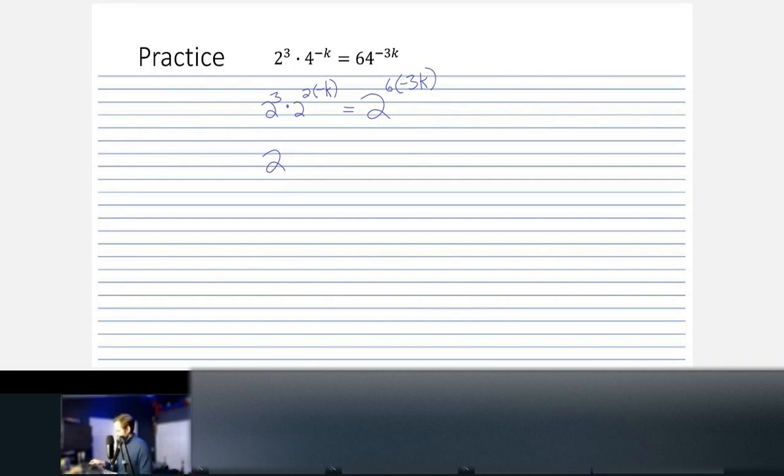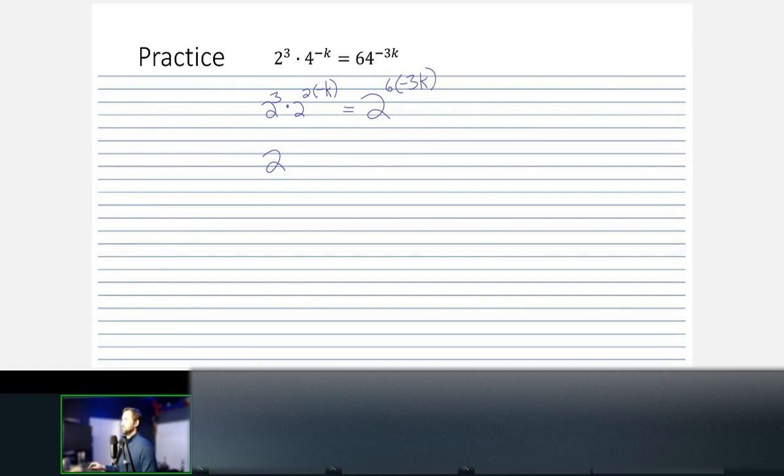So just to get picky on your text input, whenever you raise 2 to that power, you have to put it in parentheses like that, because without it, it looks like you're doing 2 cubed and then minus 2k as a base afterwards. Just being picky, because that is what it's supposed to be. I know. Guys, if I don't correct you, how will you know? Someone's got to correct you.